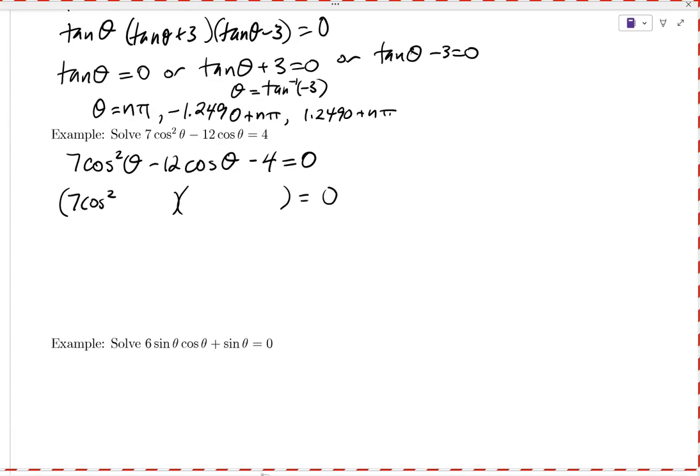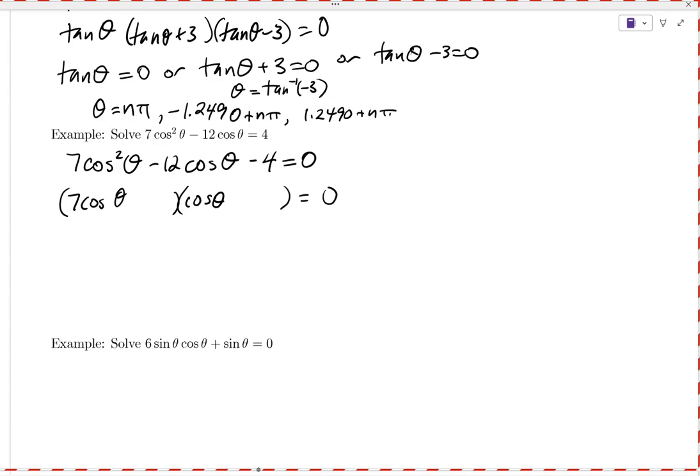You could do that AC method thing that I told you about if you don't see how it factors right away. But since it's a 7 cosine squared theta, I've got to have a 7 cosine theta for one of my factors and a cosine theta for the other, if it's going to factor at all, right? So now I need to end up with -12 in the middle.